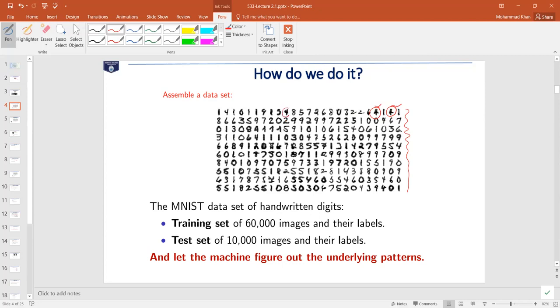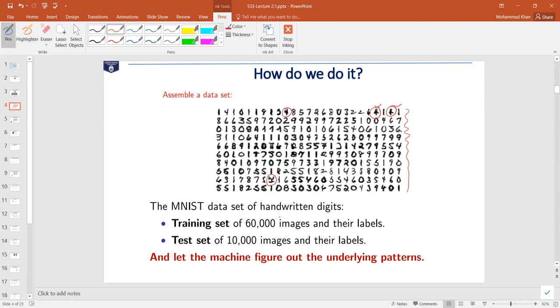Similarly, this one, you can say it's 2, or some classification algorithm can detect it as 3. So there are some easy examples, there are some hard examples.